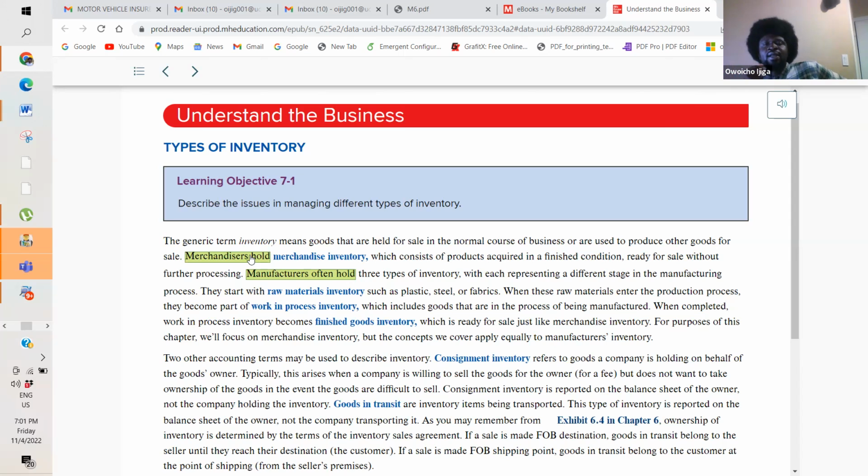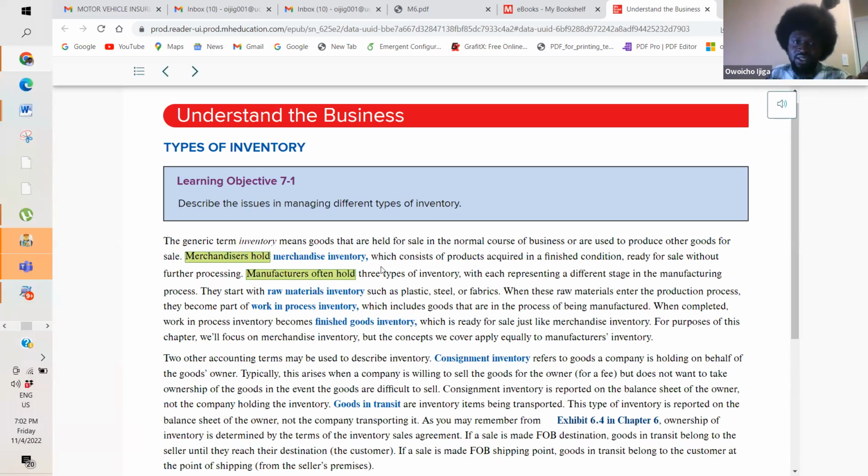They said this consists of products acquired in a finished condition that is ready for sale without further processing. The goods you go to buy from Walmart are already finished. They have been processed from the factories, sent to wholesalers, distributed to the retailers, which in this case is Walmart, and they're ready for you to go buy and use in your home.